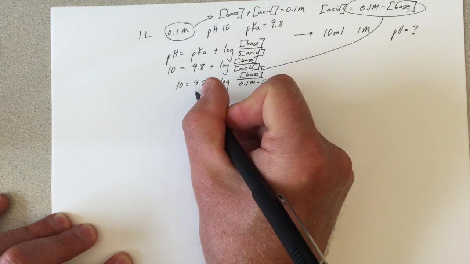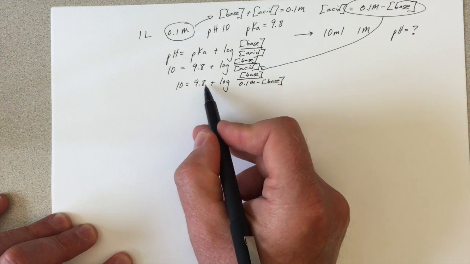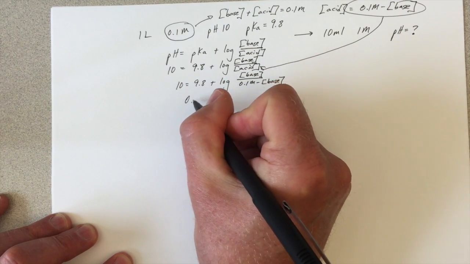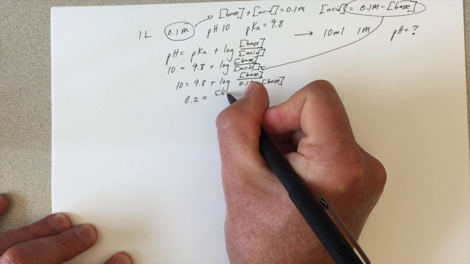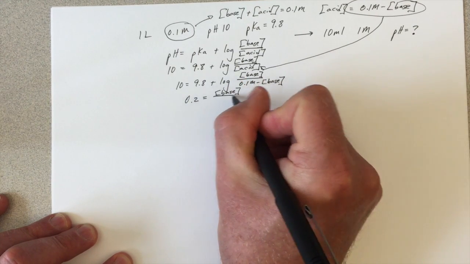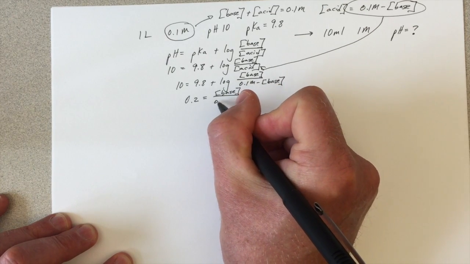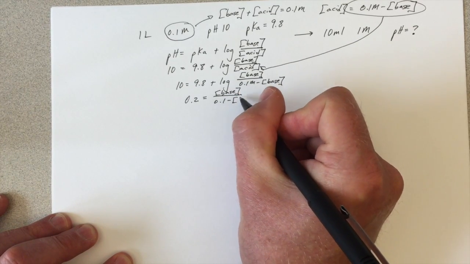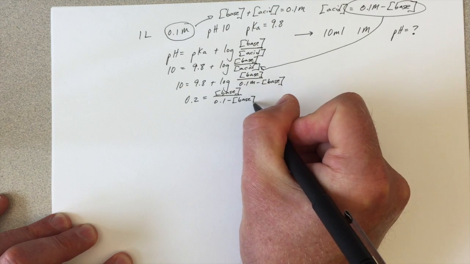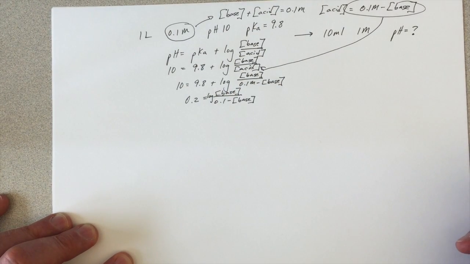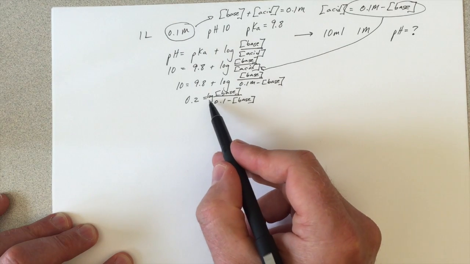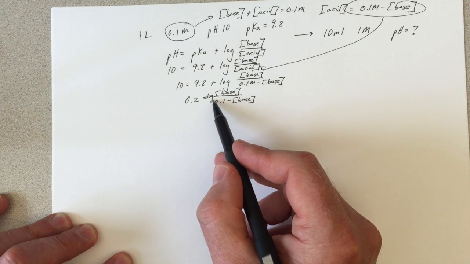Let me subtract the 9.8 from both sides to leave me 0.2 equals the log of the concentration of base over 0.1 minus concentration of base. I forgot the log there. Now the log's a problem. How do I get rid of that log?